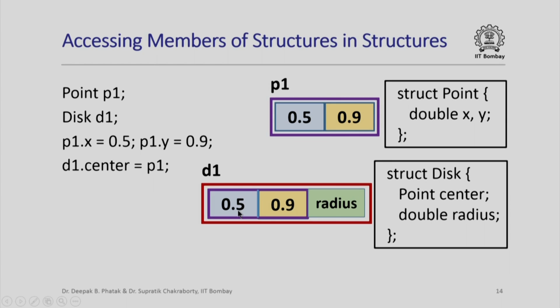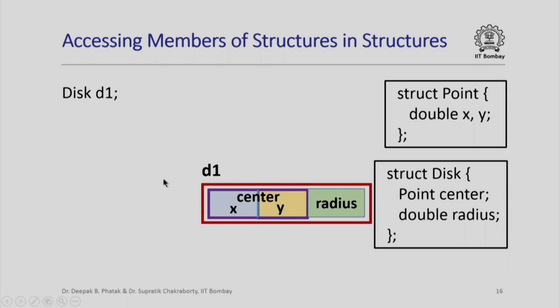So, 0.5 will get copied here, 0.9 will get copied here. And finally, if I say d1.radius is assigned 3.2, then the member radius of the object d1 will get the value 3.2.